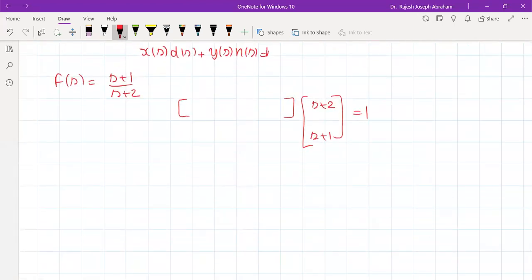Tell me. 1 and minus 1. So what do you get? S plus 2 minus S minus 1. You have to find polynomials actually, X of S, Y of S. Okay, Chaitanya. 1 and minus 1 are not polynomials.